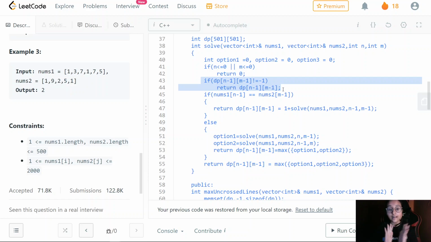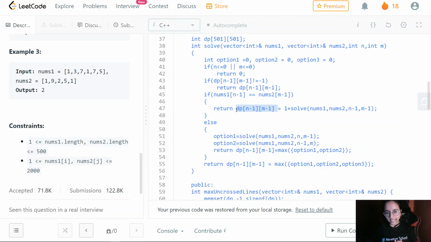We will be checking that if at this particular moment nums1 of n-1 equals nums2 of m-1, meaning both are equal, then we will be directly adding 1 and calling our function, and whatever the result would be, we will be assigning that to this particular DP of n-1, m-1.